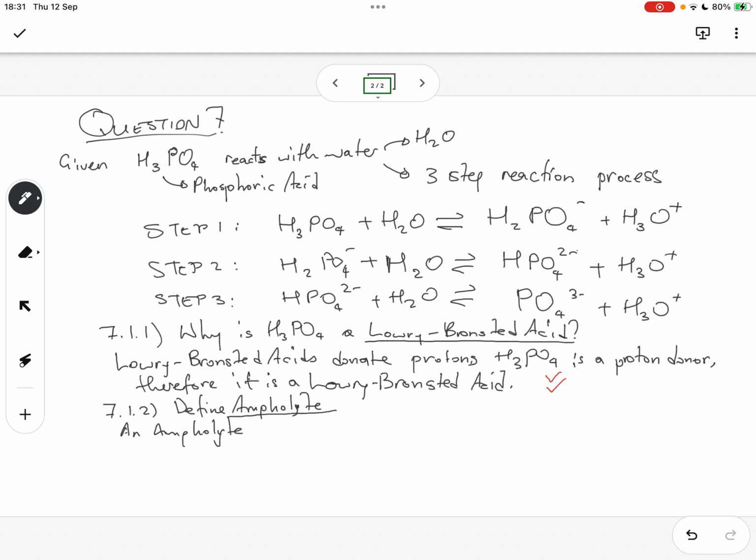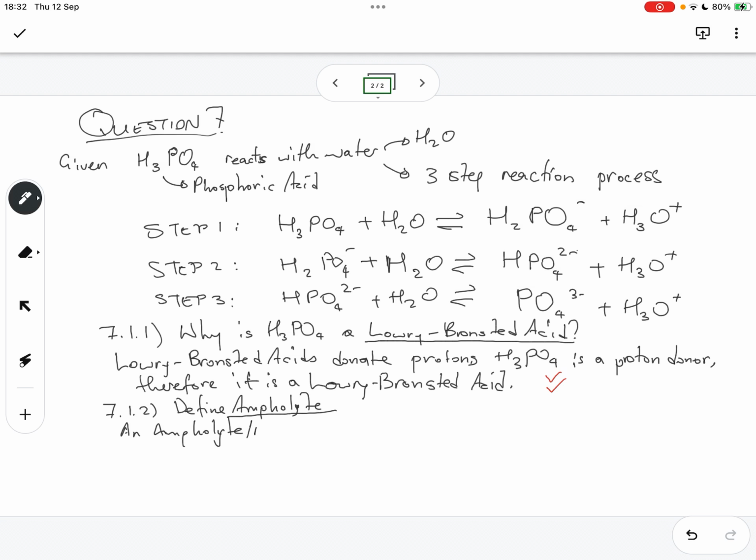Amphoteric, where they say a substance that is amphoteric can react as either an acid or base. You remember? A substance that can act as either base or acid. You remember that definition?